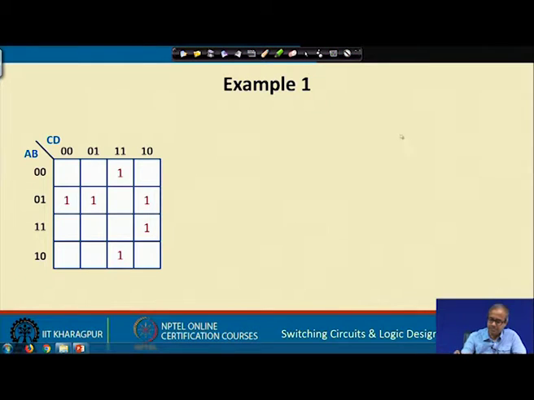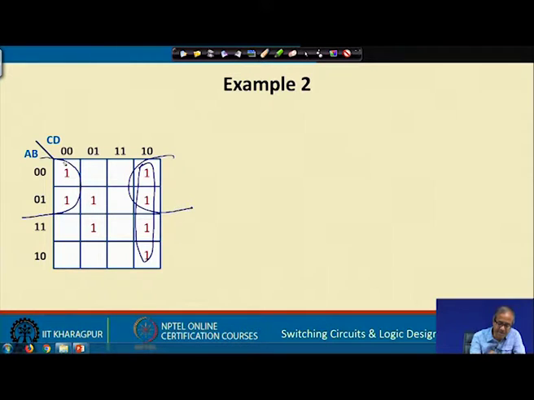Let us take another example. Let us take an example like this. Well, some of the largest cubes that you can immediately see is this, a cube of size 4. There is another cube of size 4 you can see, which will be these 2 plus these 2.